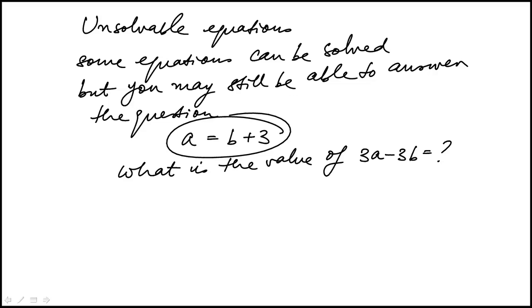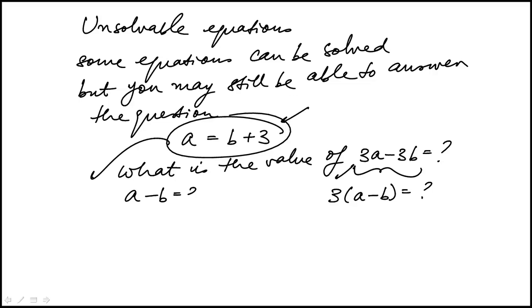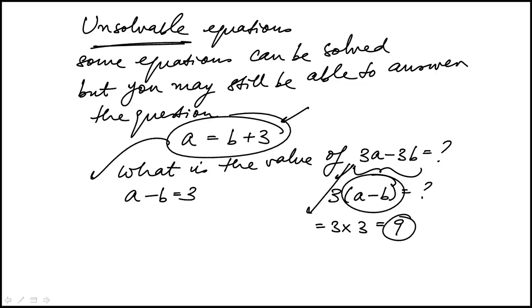We can't really find a or b as a unique value, but here they're not asking for the value of a or b, they're asking for the value of that expression. And we notice here, if we factor out a 3, it becomes 3 times a minus b. And if I subtract b from both sides, I get a minus b is 3, which means this piece is 3. So this expression is 3 times 3, or 9. So that's what I meant by unsolvable equation. We can't really find a or b, but we can compute this.